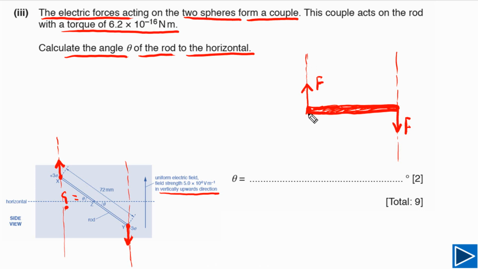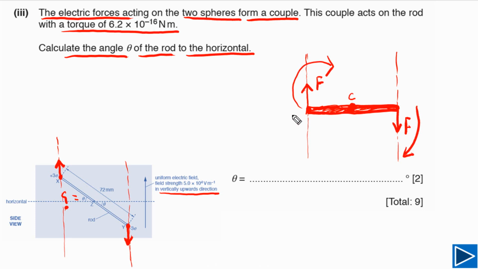If these two forces have the same magnitude, opposite directions, and are separated by a distance, these forces will form a couple and they will produce torque. In this case, you can imagine that this rod will rotate about its center, let's say about this point.